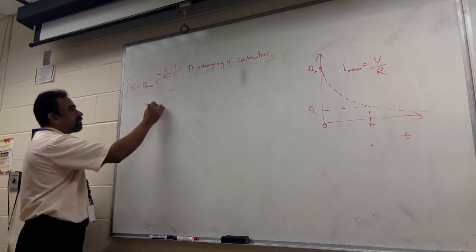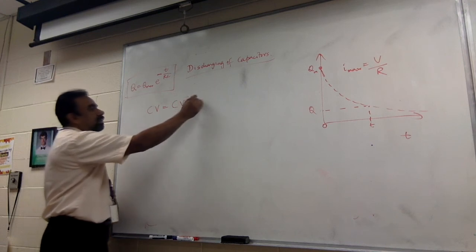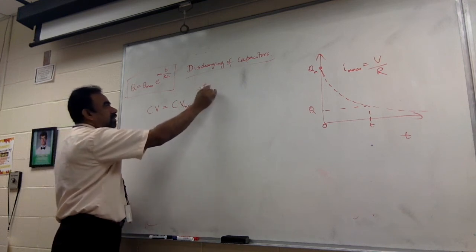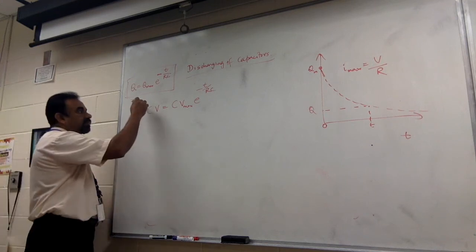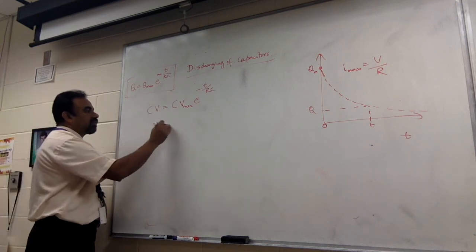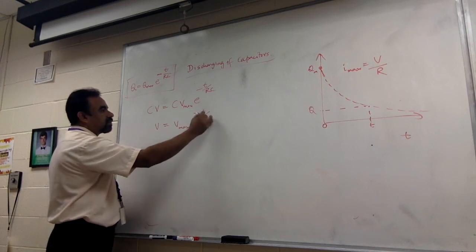CV. So CV is equal to C V max e to the power of minus T over RC. Now you can divide both sides by C. So C is gone. And so we have V equal to V max e to the minus T over RC.